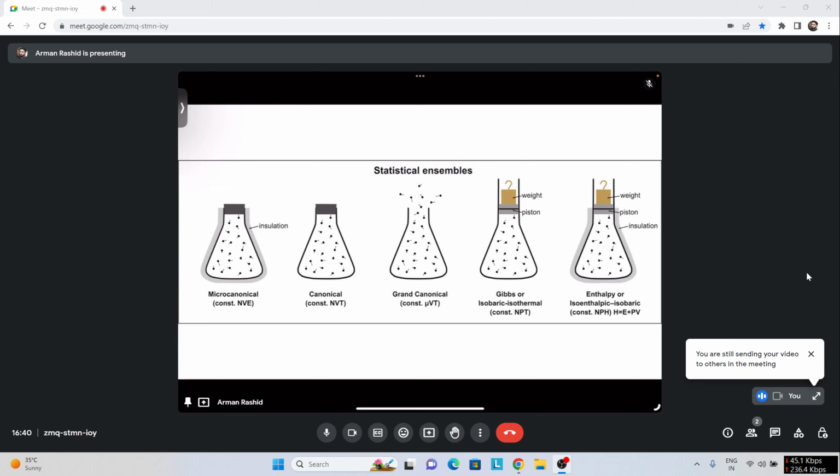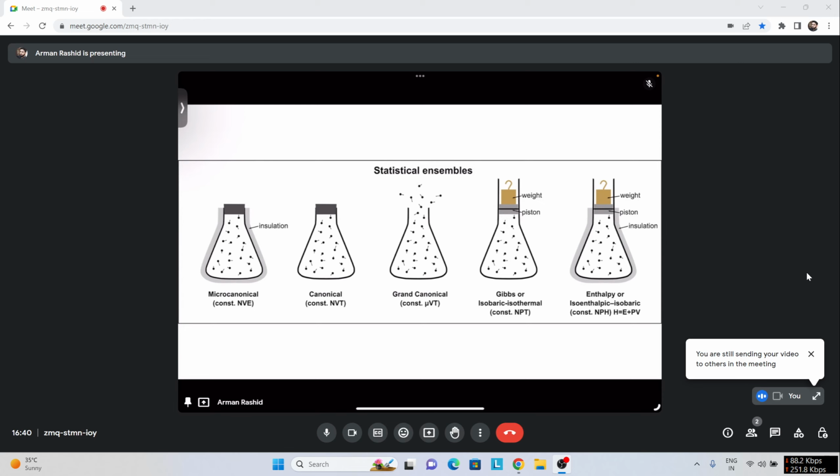Now what are these different ensembles? They differ in how these things interact. In a microcanonical ensemble, the number of particles, the volume, as well as the energy remain constant. As a result, it does not interact or lose energy to the outside system.